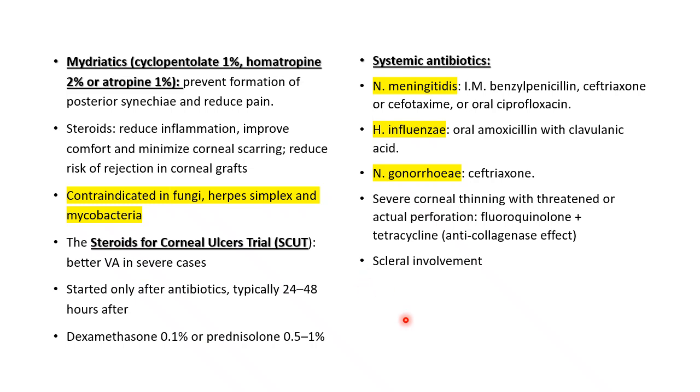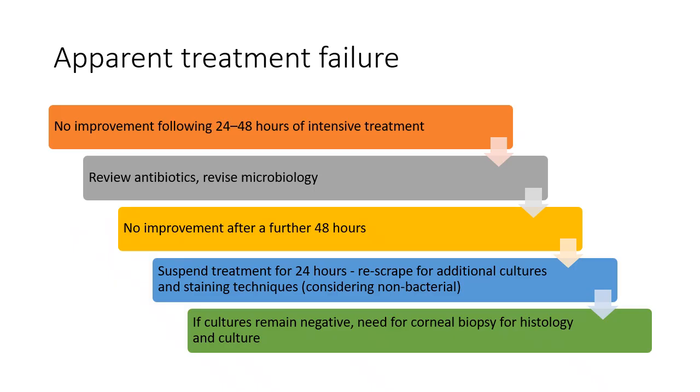So topical antibiotics, cycloplegia, systemic antibiotics if needed. Rarely subconjunctival antibiotics can be injected. Do not mention steroids unless asked. And if you're writing answers, you can mention the SCUT trial and say that steroids can be given to prevent corneal scarring only after the ulcers have healed.